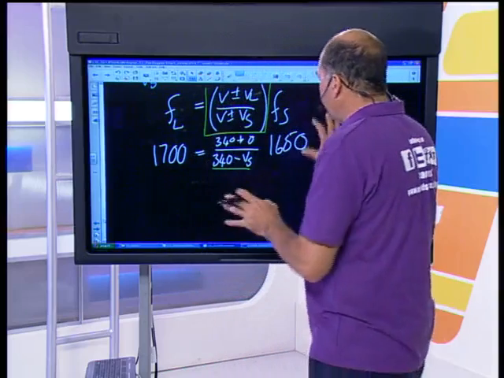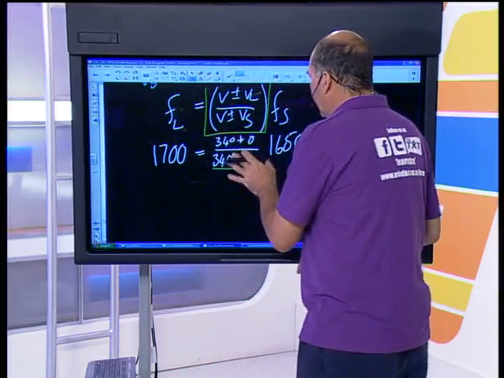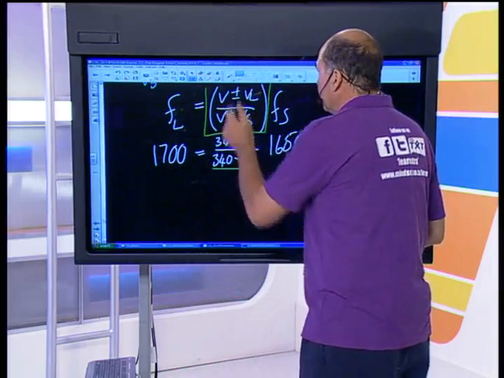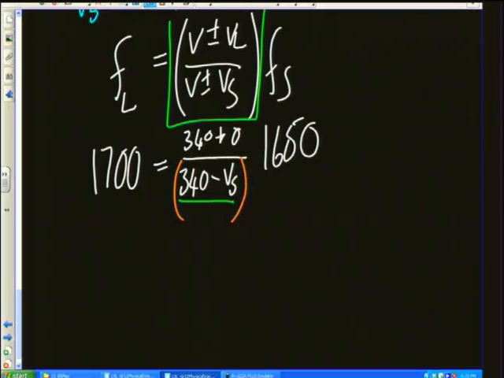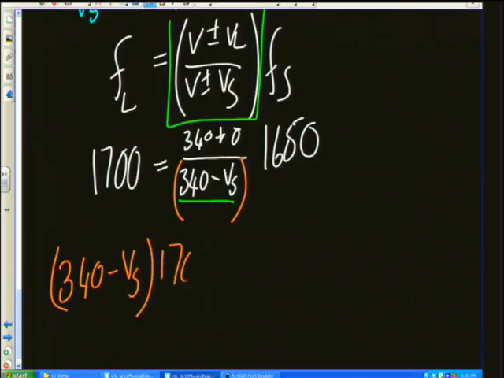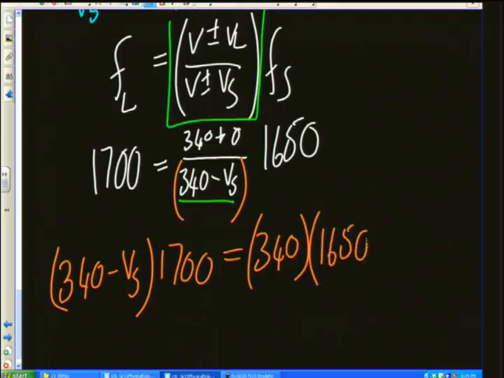So the first thing I'm going to do is multiply both sides of this equation by this denominator, because I want to get the unknown to that side. So I'm going to say I want 340 minus VS in brackets times 1700 is equal to 340 in brackets times 1650.